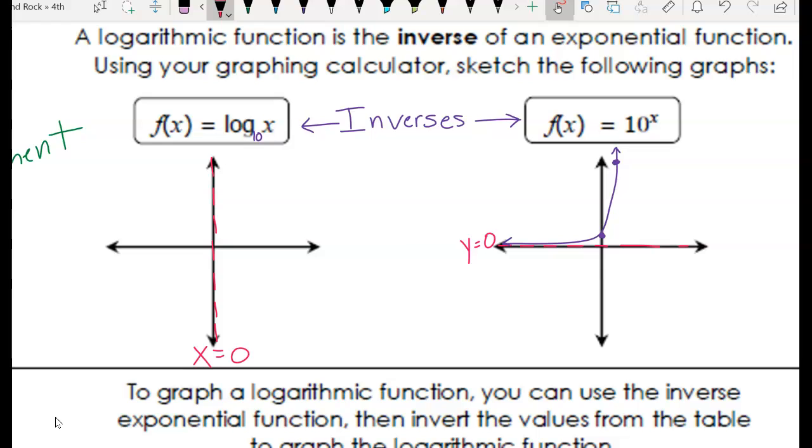If I had a point at 0, 1, where do I have a point for my inverse? 1, 0. If I had a point at 1, 10, where do I have a point? 10, 1. This is our log function. It is reflected over the line y equals x.